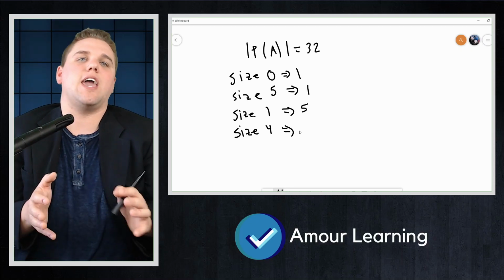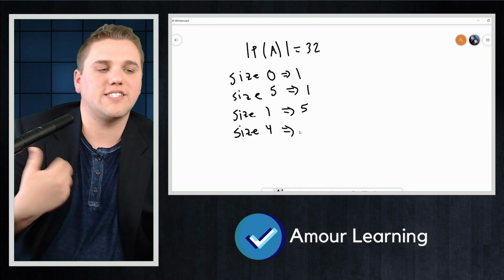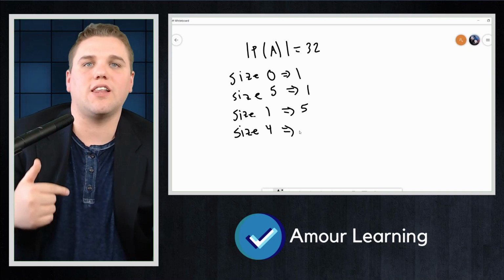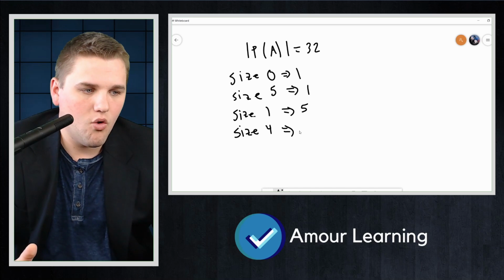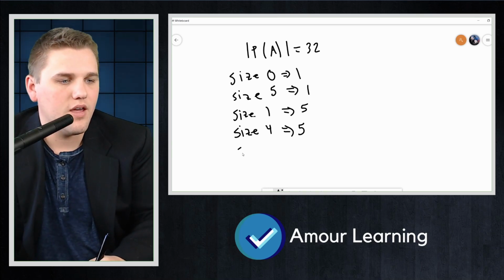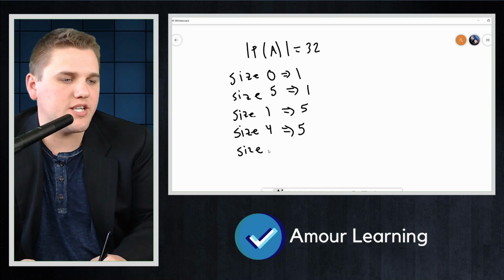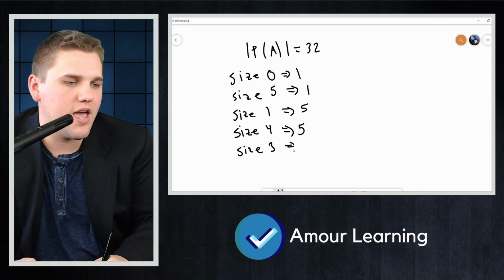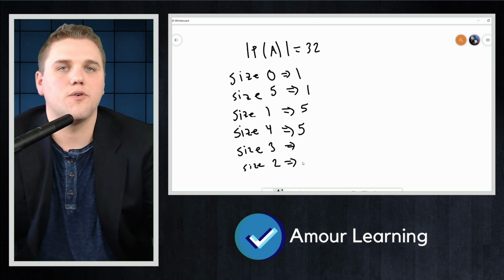That's like saying no to exactly 1 element. We can do that 5 different ways as well.